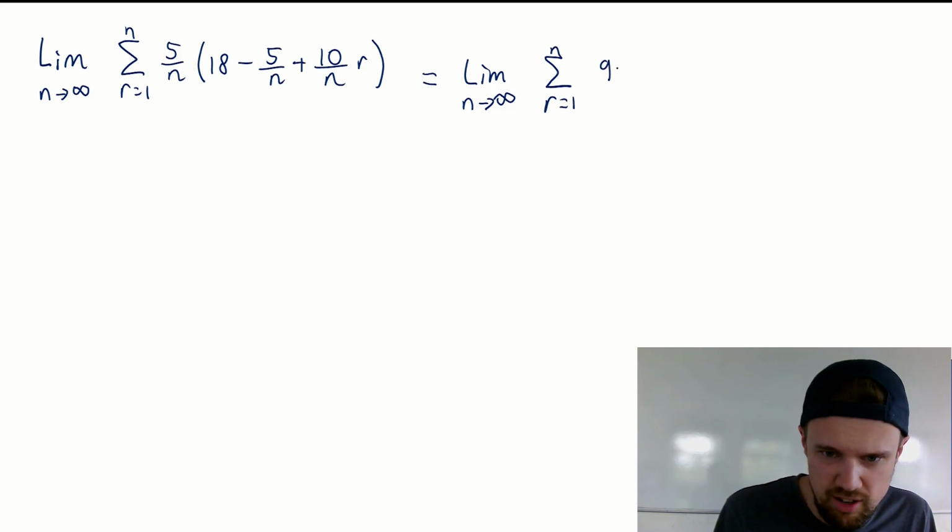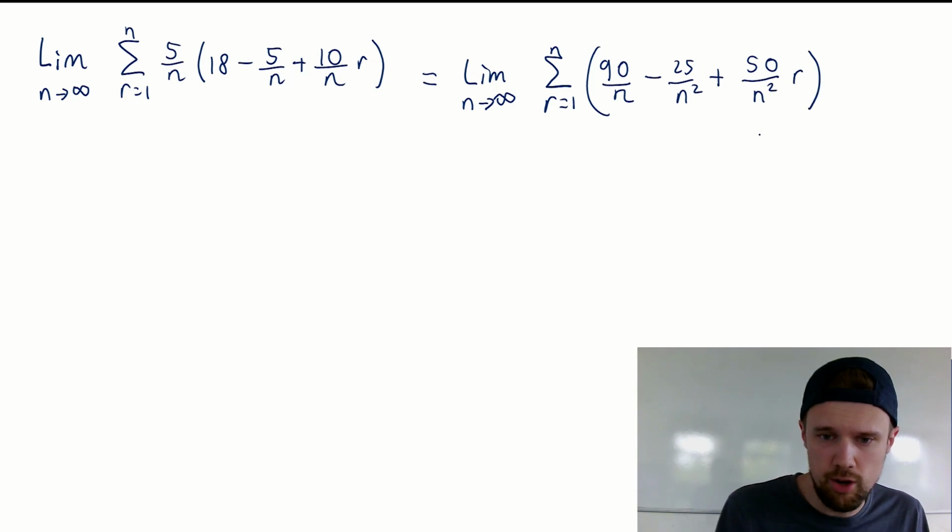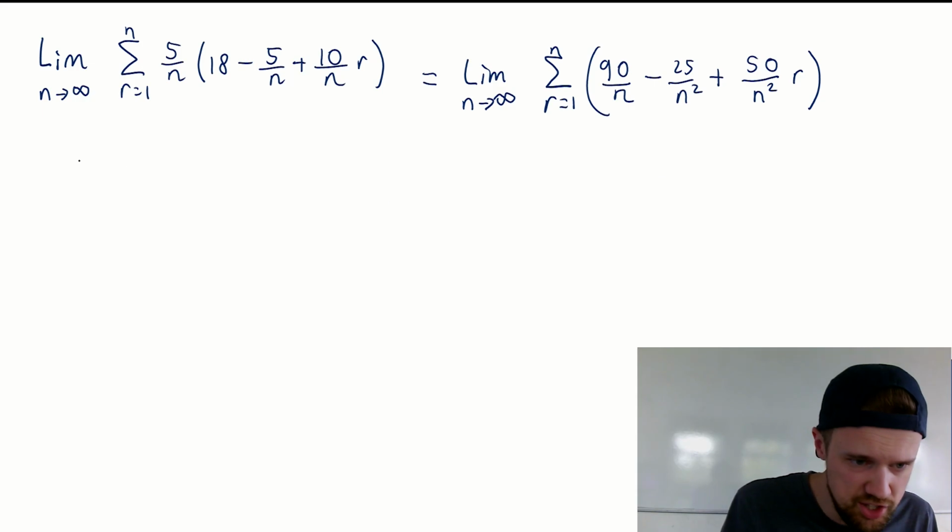That will get me 90 over n minus 25 over n squared, and then we're going to end up with a cheeky 50 over n squared lots of r. There you go.